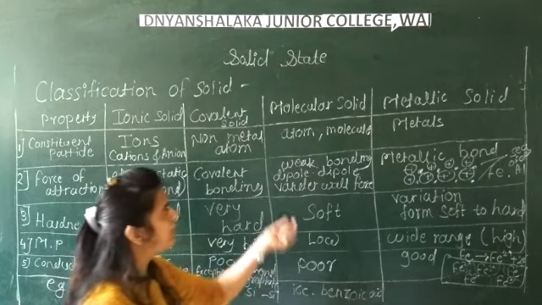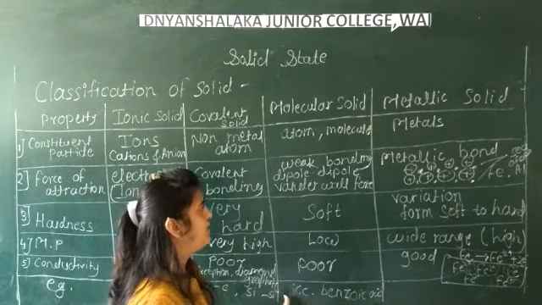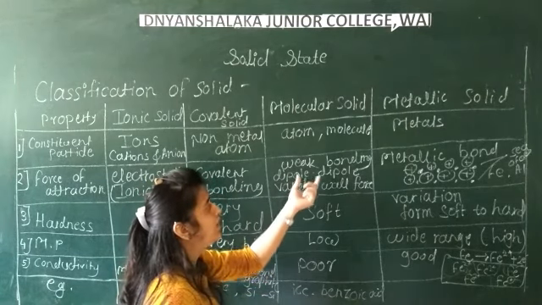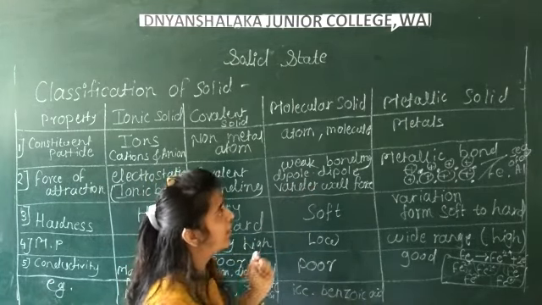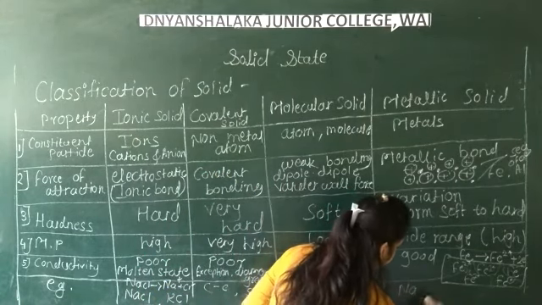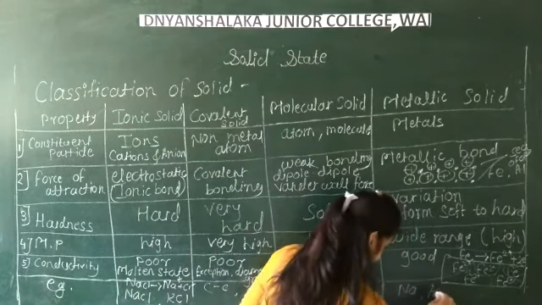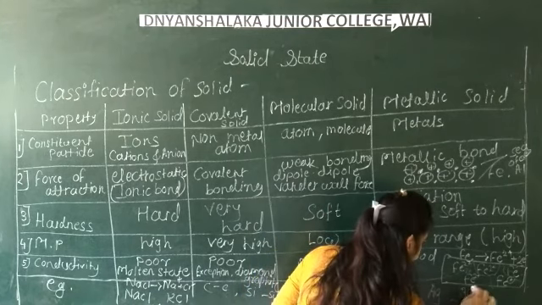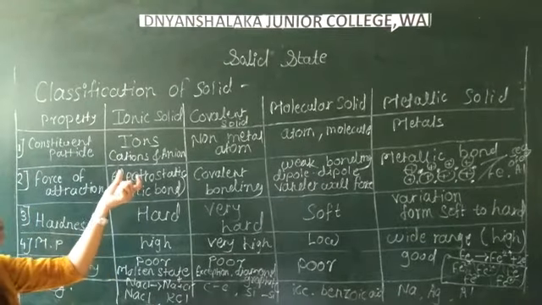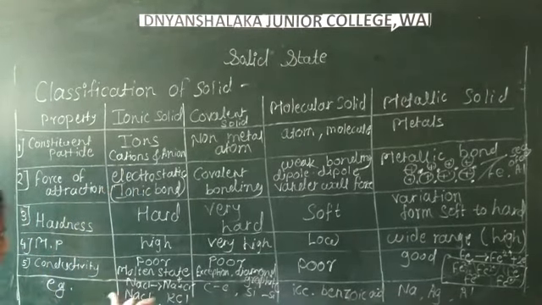In ice, which is a solid compound, there is weak bonding, meaning van der Waals force. And last, metallic solids. Examples are sodium, silver, aluminium. So the types of solids can be clear from this chart.